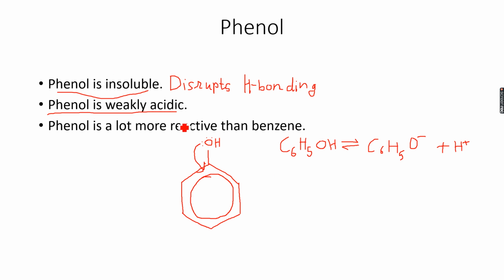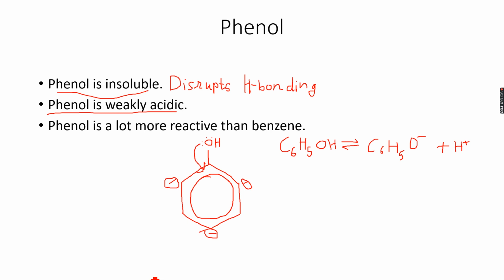Phenol is more reactive than benzene because as the lone pairs on the oxygen atom delocalize into the benzene ring, the negative charge density on the ring is greater, and since the negative charge is greater, the 2, 4 and 6 positions are activated, which means that because they have more negative charge density, they will react much more readily than normal benzene.